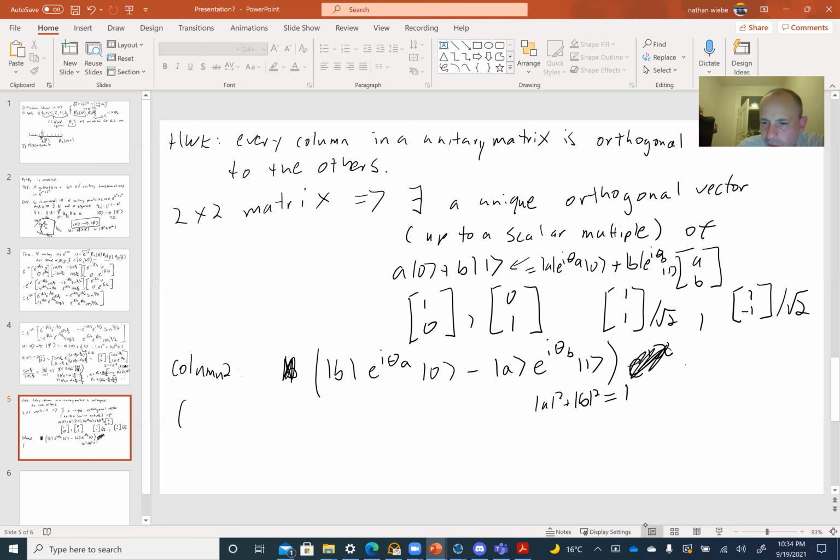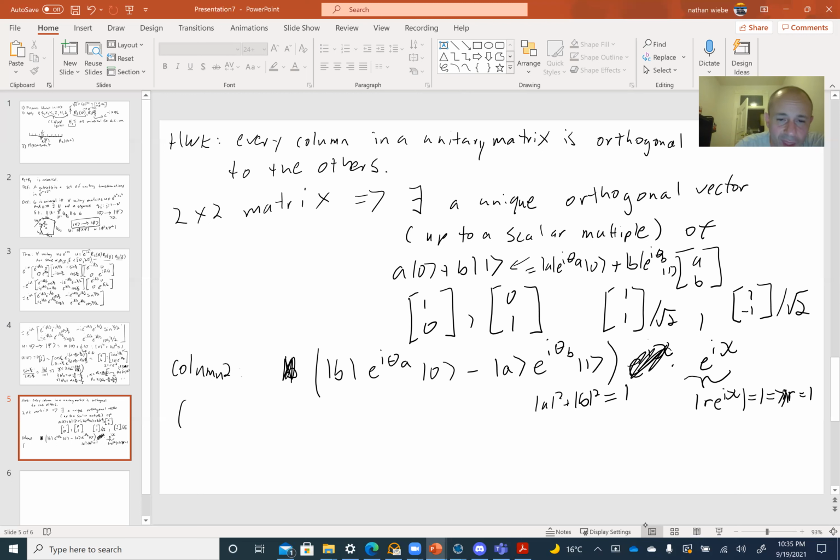If we write this extra factor in the form r e to the i chi, we demand that the absolute value of this is equal to 1. And this implies that r equals 1 because r is real valued. So without loss of generality, we can always write every unit vector for the second column in this form.